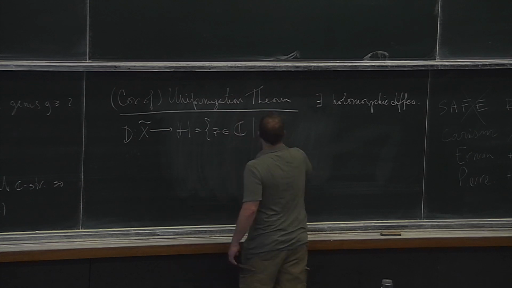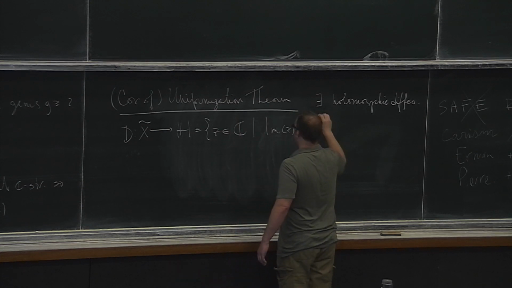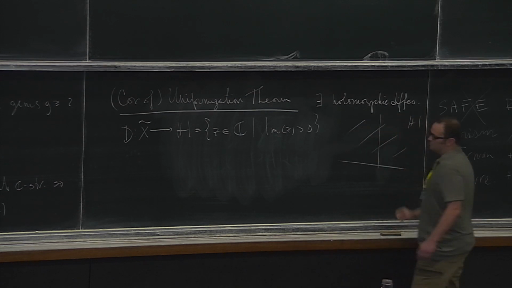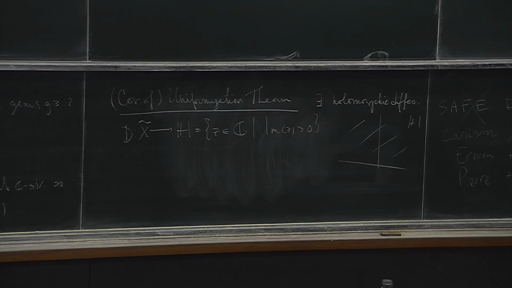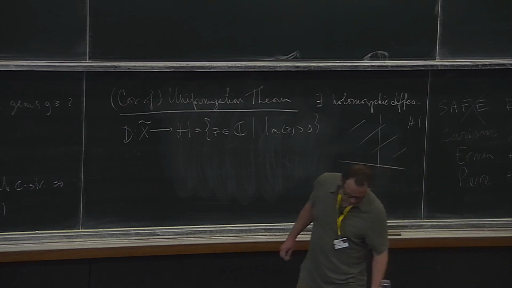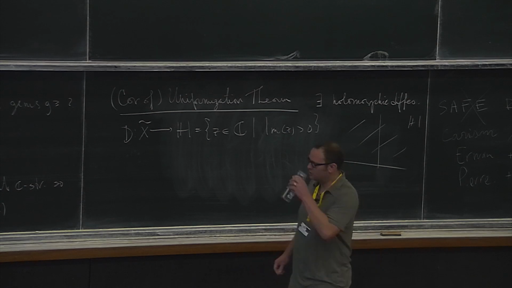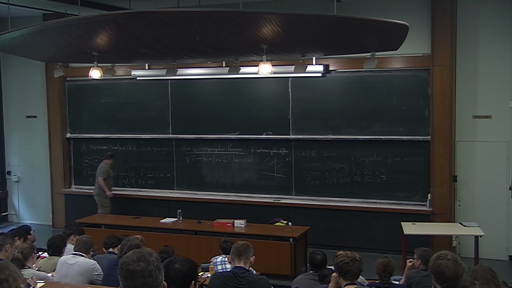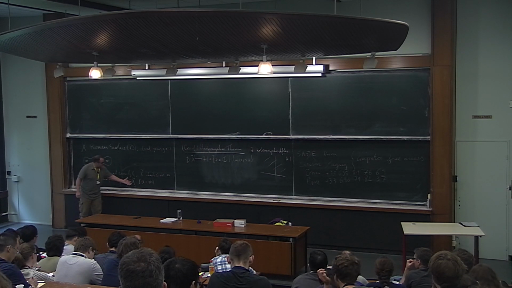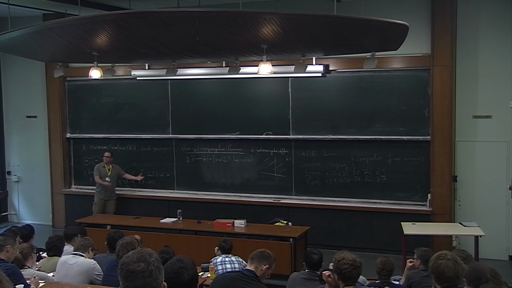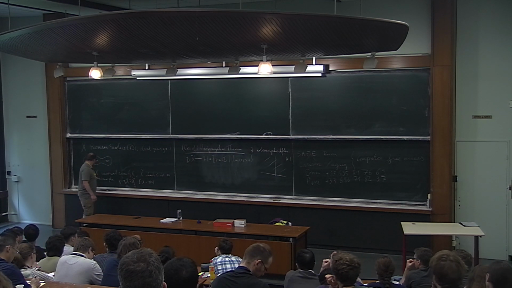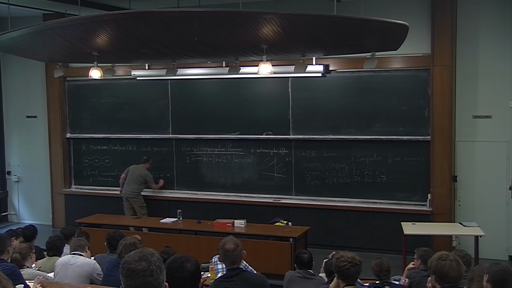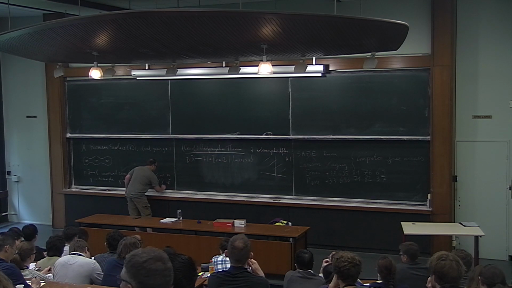These are points in the complex plane so that the imaginary part of z is bigger than 0. Now, this action of pi 1 of X on X tilde preserves the complex structure because it's obtained by pulling back the complex structure on X. So gamma as a function from X tilde to X tilde is holomorphic.